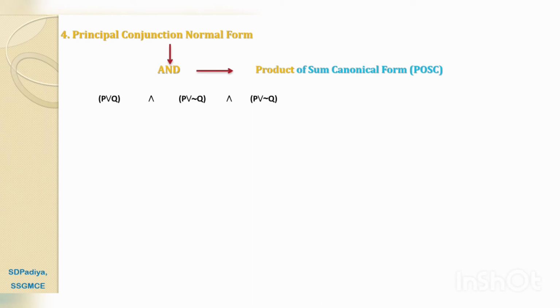But is it a product of sum canonical form? Then we'll check. In the first elementary sum P or Q, all the factors are available. In the second term P or not Q, all the factors are available, and in the third also all the factors are available. That's why we consider this as the product of sum canonical form.